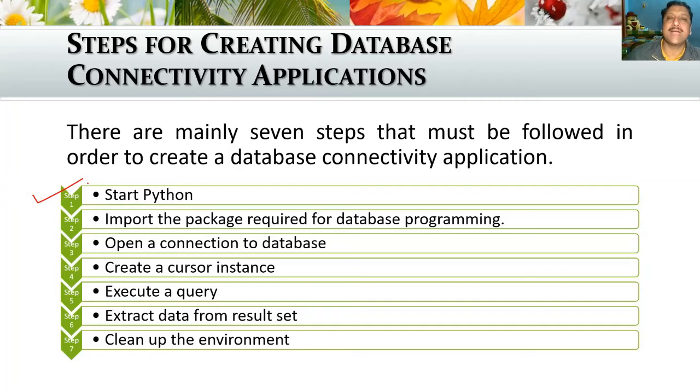Whatever the Python we have installed in our computer, we have to start that Python, either standard Python software or the Anaconda software, and then we have to use import command, import the package required for database programming. Okay, using import command, we have to import database package library in our program.